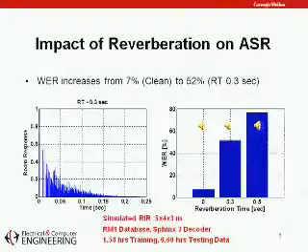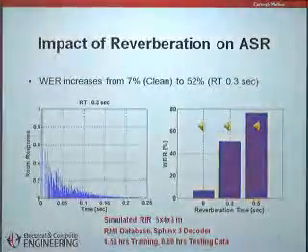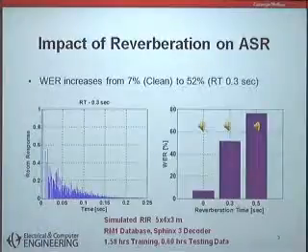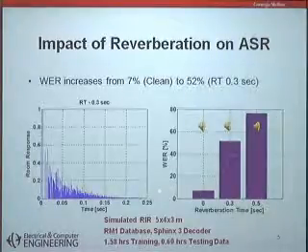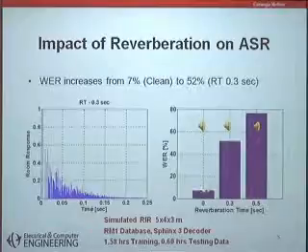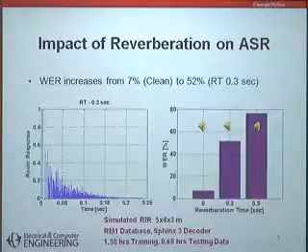Now, this is a speech recognition experiment on the Resource Management database, just to see the impact of reverberation, how much it affects speech recognition accuracy. For the clean condition, where training was done on clean speech, the word error rate increases from about 7% to about 50% when the reverb time is 300 milliseconds, which I think is typical of this room right now.